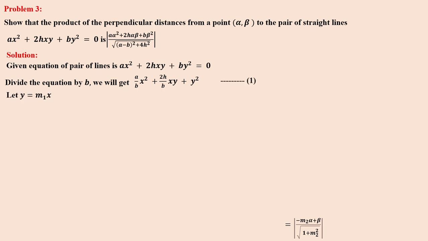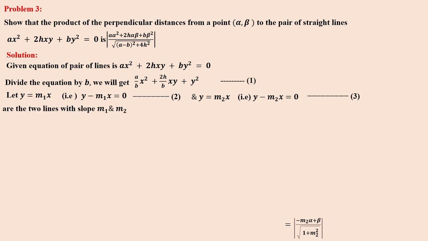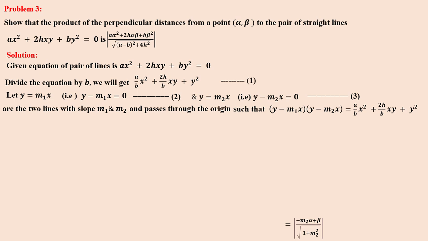Let y = m1x, which implies y − m1x = 0, that is equation number 2, and y = m2x, that is y − m2x = 0, that is equation number 3. These are the two lines with slopes m1, m2 passing through the origin, such that (y − m1x)(y − m2x) equals (a/b)x² + (2h/b)xy + y².